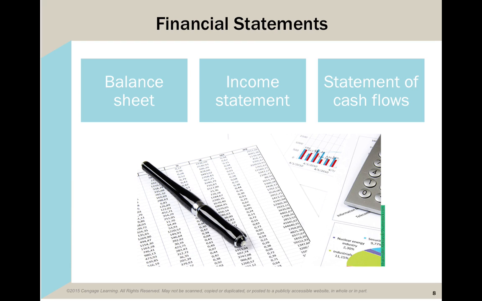Now, there are three main types of accounting statements or financial statements. We have the balance sheet, the income statement, and the statement of cash flows. Large corporations that are publicly traded have to publish an annual report with all three of these statements.